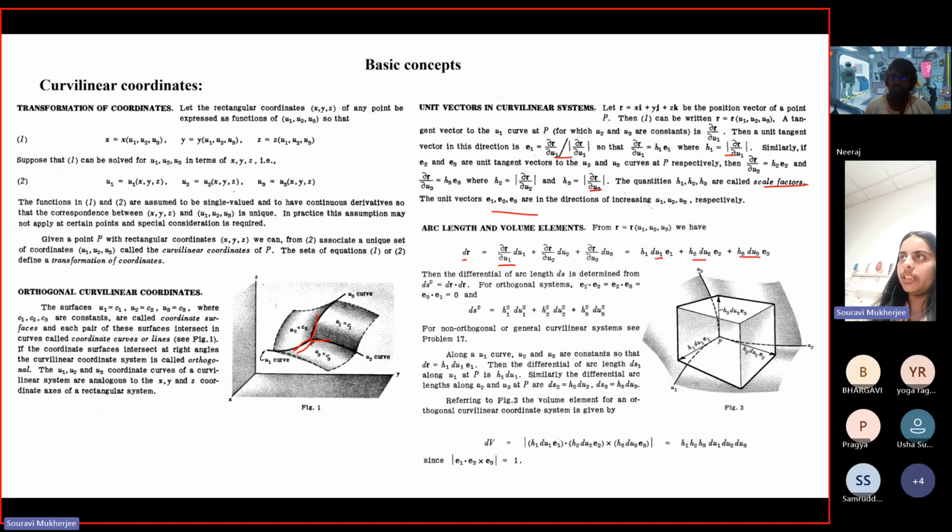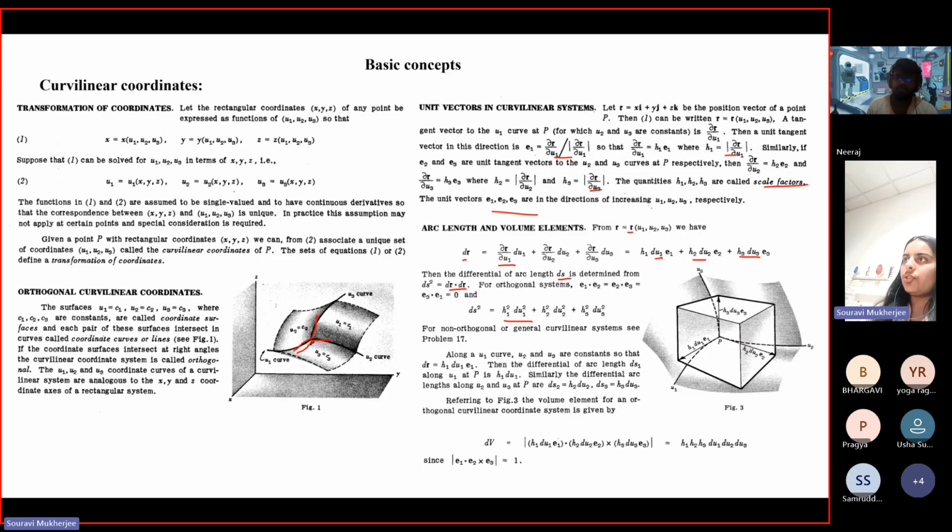Now you are representing your position vector in terms of new quantities, which are u1, u2, and u3. If you want to define an arc length, you want to find the magnitude of dr. You do dr dot dr, and that gives you the distance or arc length of your vector.